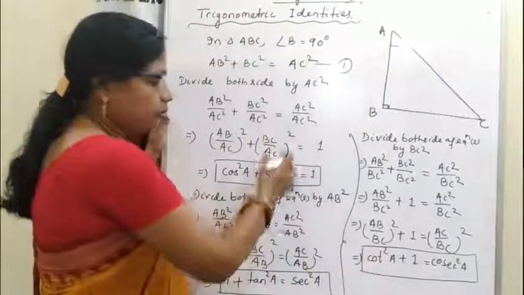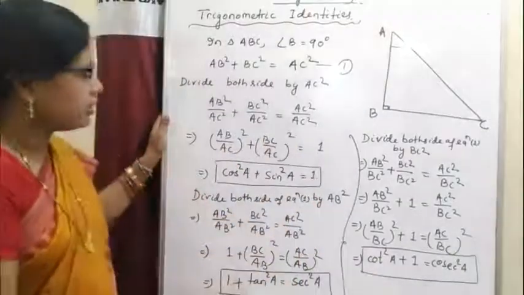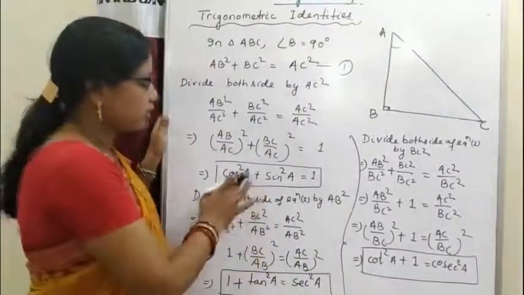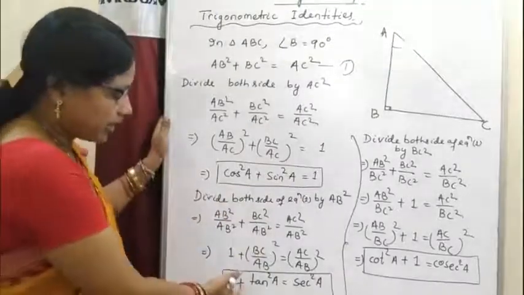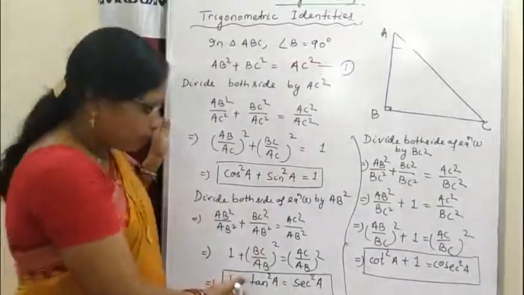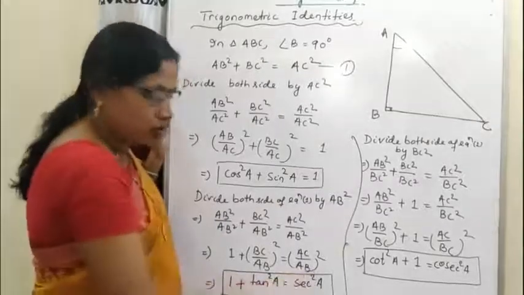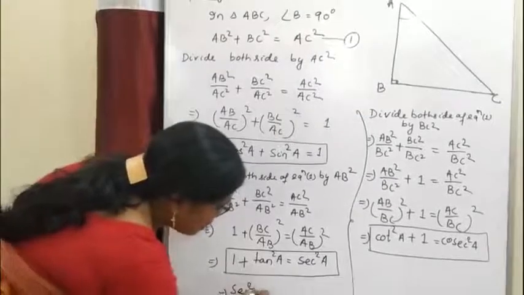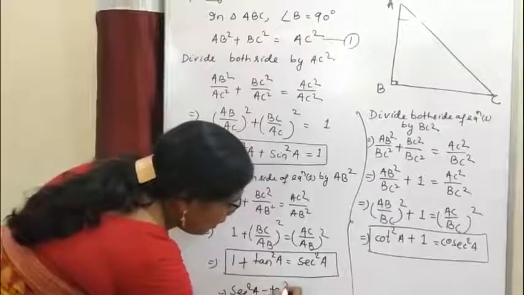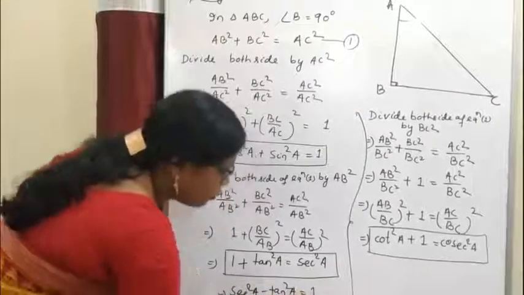You have to remember these three identities. The first identity is sin square A plus cos square A is equal to 1. The second identity is 1 plus tan square A is equal to sec square A, or this can be written as sec square A minus tan square A is equal to 1.